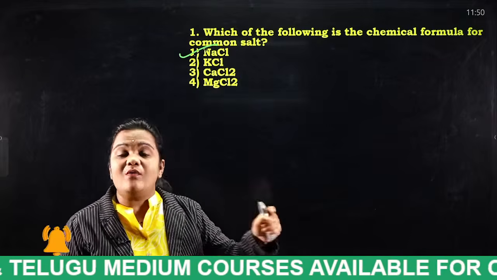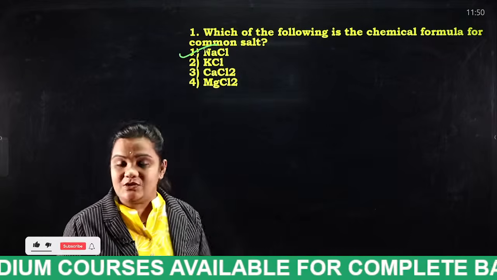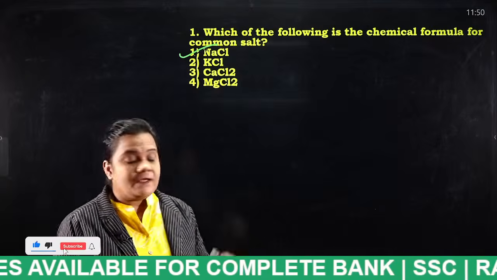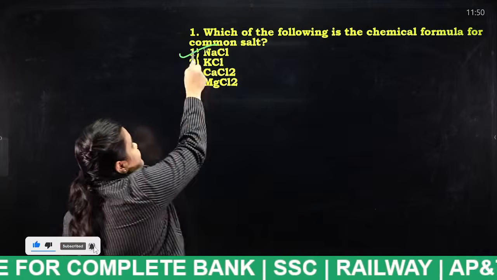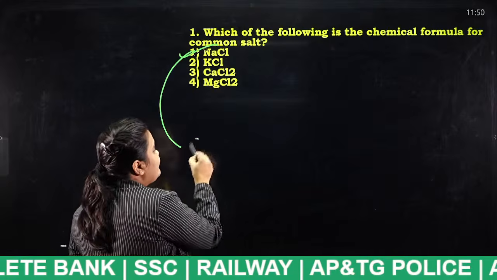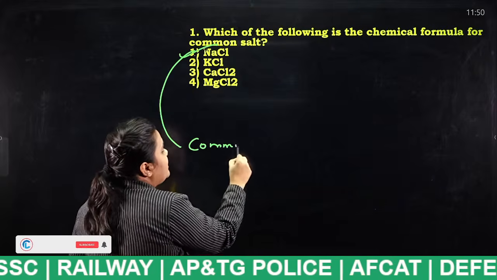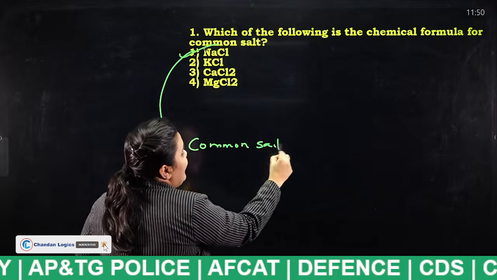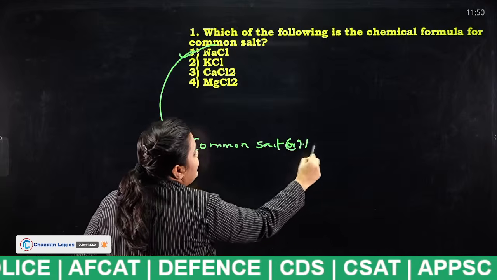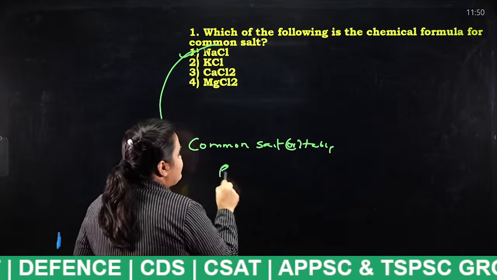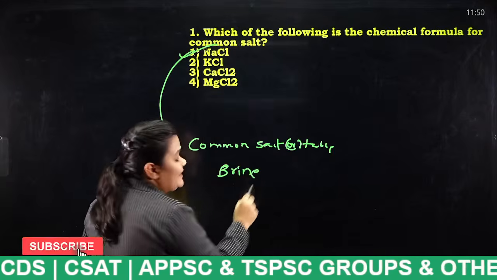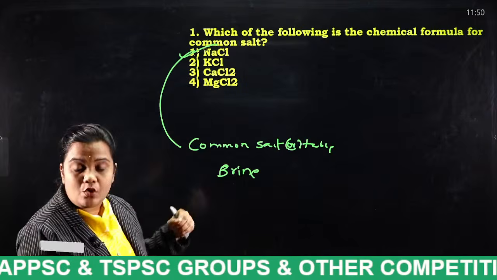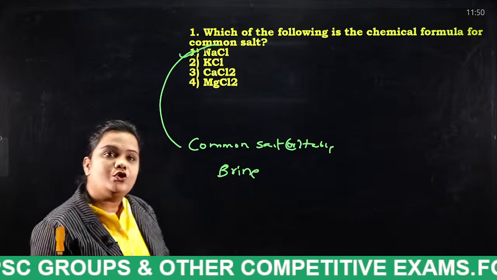Remember, aqueous solution of NaCl is known as brine solution. Commonly we call this sodium chloride common salt or table salt, and if it is in aqueous solution, we call it brine solution. Normally for the electrolysis of sodium chloride, we use this brine solution only.